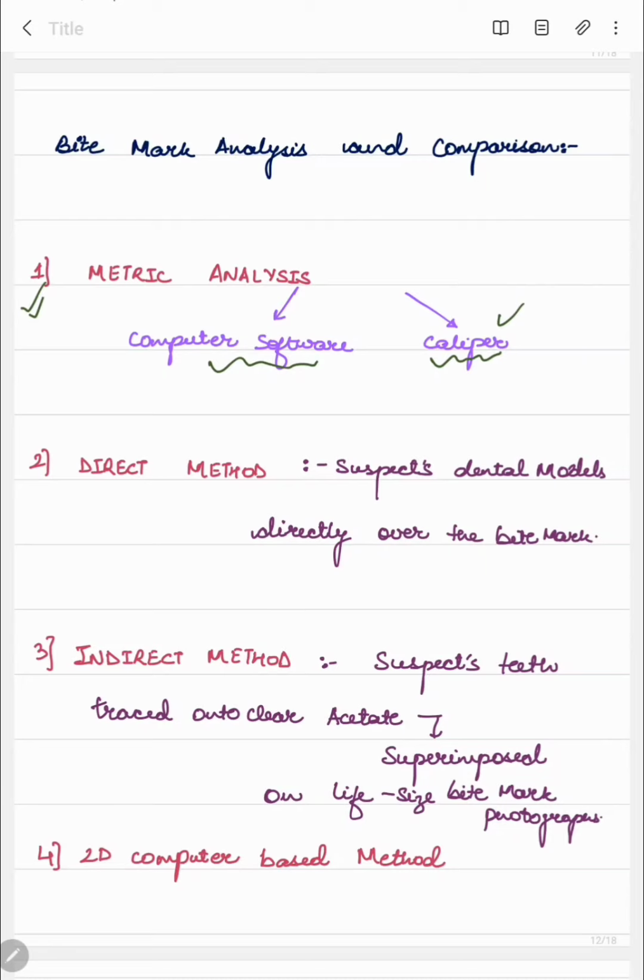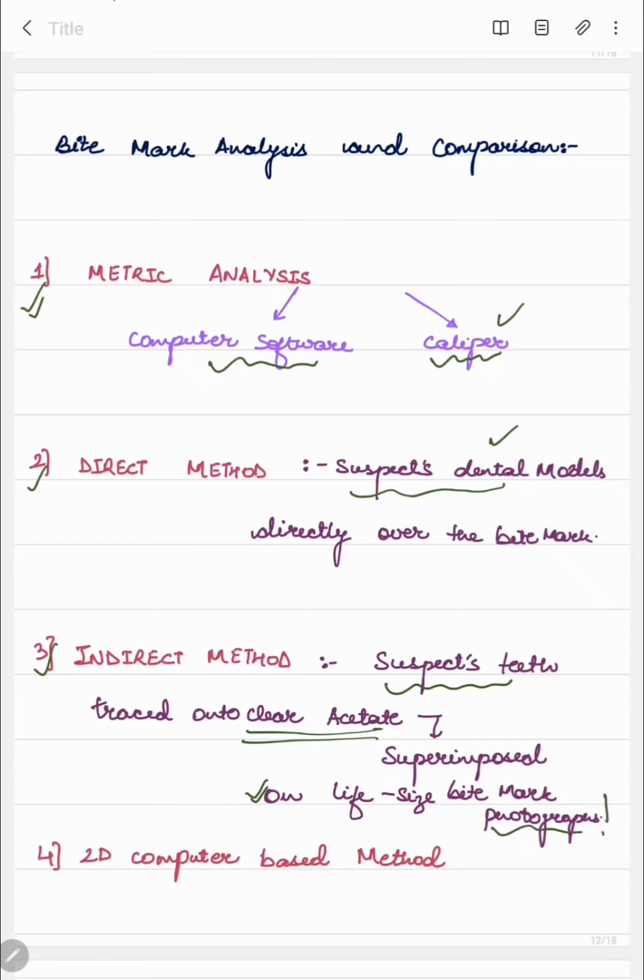Secondly, there are two methods: the direct method and the indirect method. In the direct method, we can directly place the bite mark over the suspect's dental model. And thirdly, the indirect method, in which the suspect's teeth are traced on clear acetate, and then it is superimposed on the life size bite mark photographs.